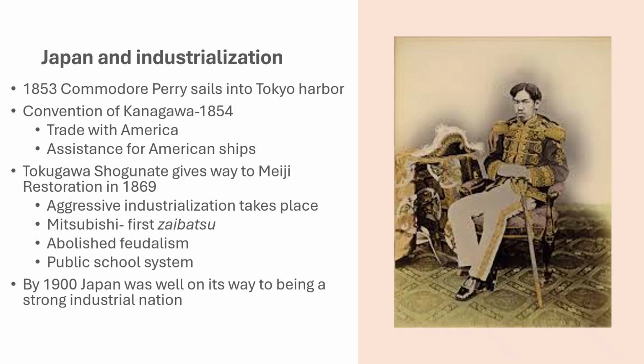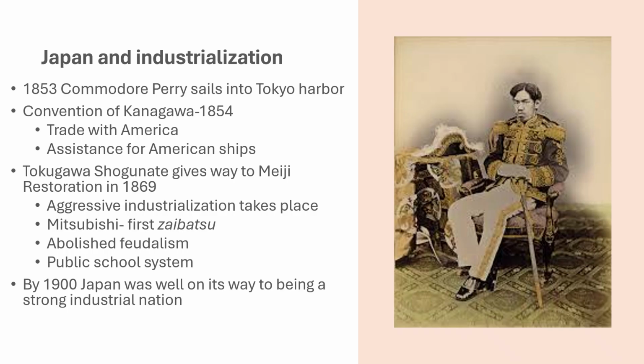Later on, it becomes a car manufacturer and other things. But Mitsubishi is the first of many Zaibatsus, which, like I said, are family-owned companies. And this basically will be the foundation of the corporate structure of Japanese companies moving forward.